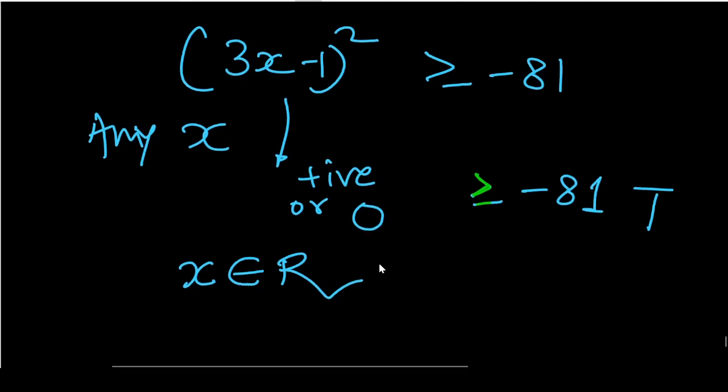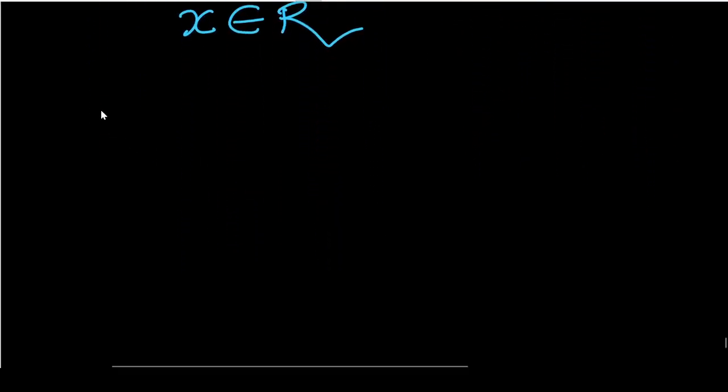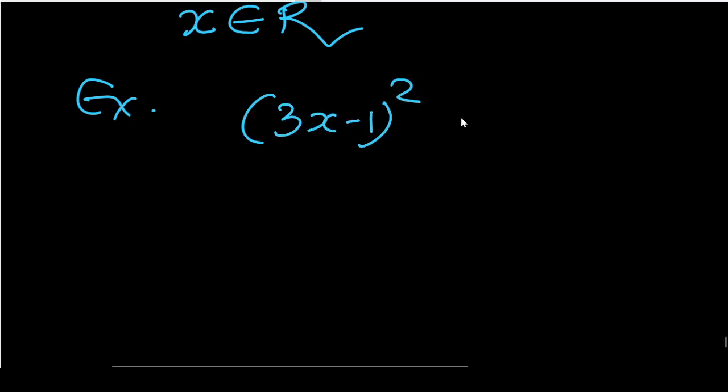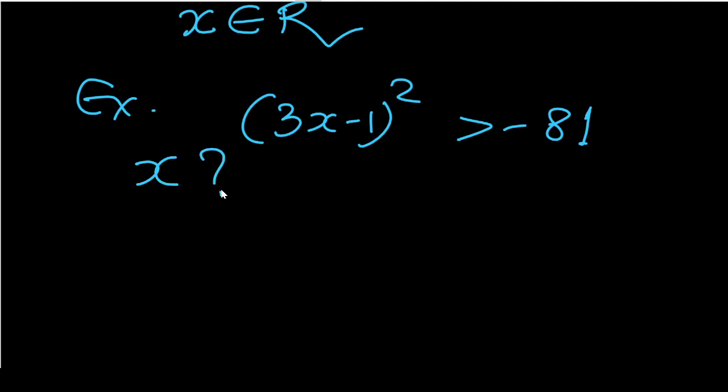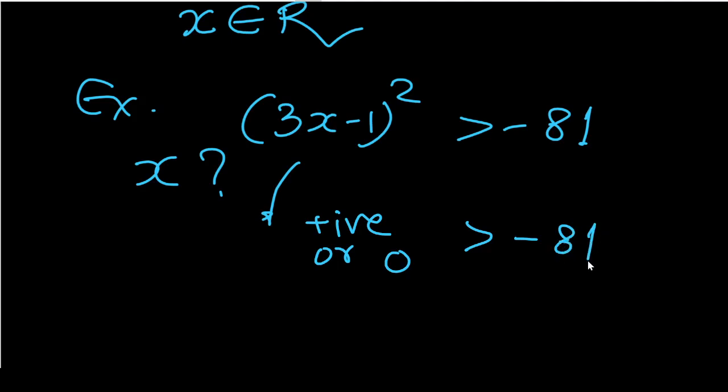Okay, what if I ask you (3x minus 1) whole square greater than minus 81? I have removed this equal to sign here. What will you say now? What x now, guys? Obviously you will say that the formula cannot be used, but yes, again if you put any x, this will be positive or 0, which is greater than minus 81.